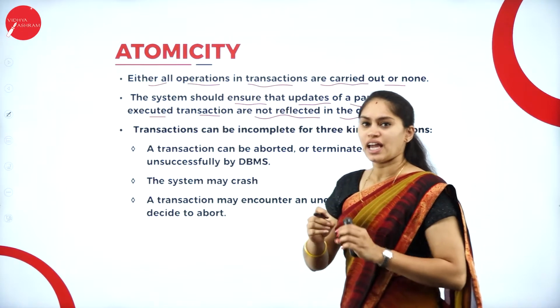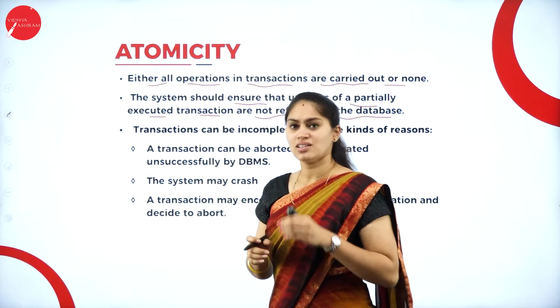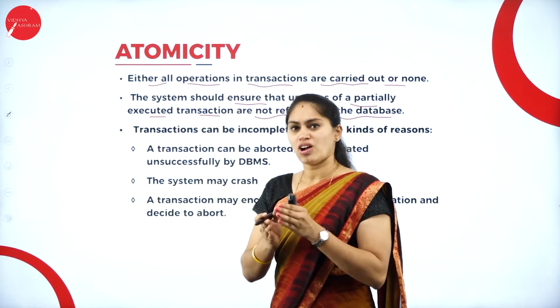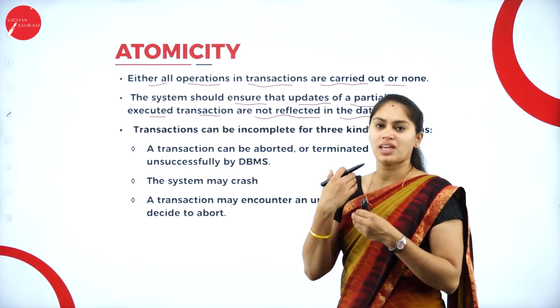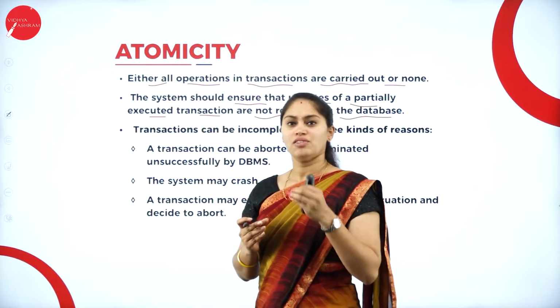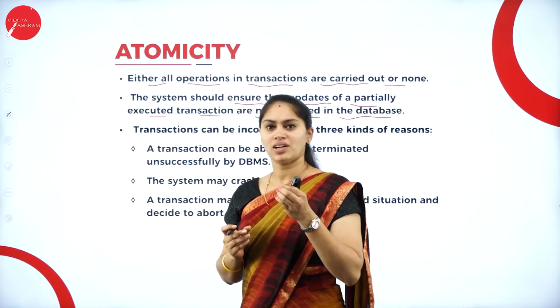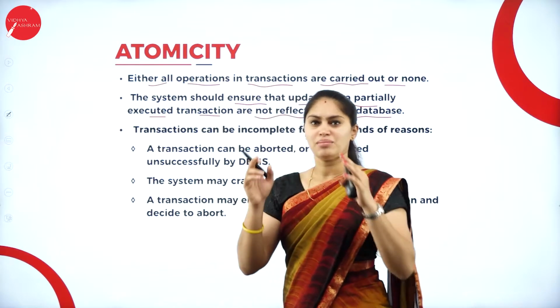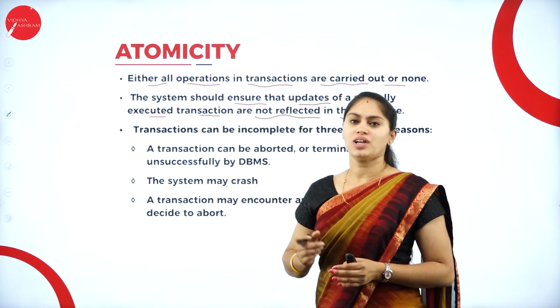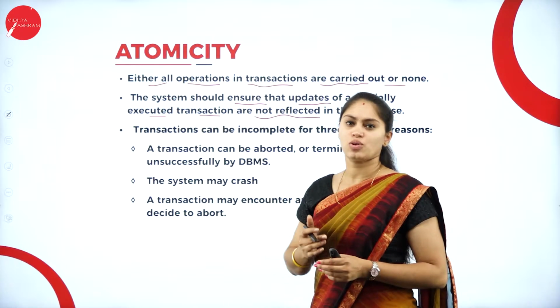As I told, if something goes wrong in between, at that time the amount should not be deducted from my account. For example, I'm going to give the wrong password. If I am giving the wrong password, that is the last operation of a transaction. If I'm done with giving a password, then I'm just going to click the right mark. I'm just going to send.